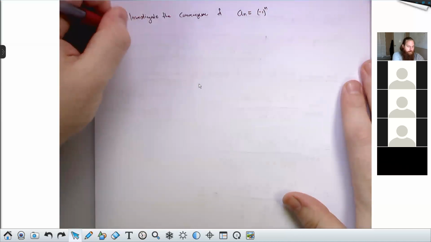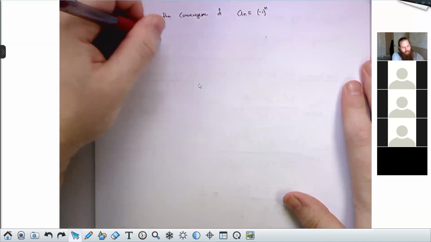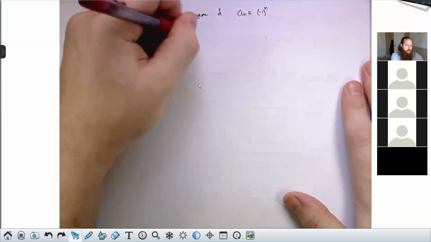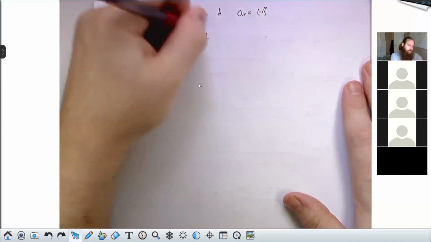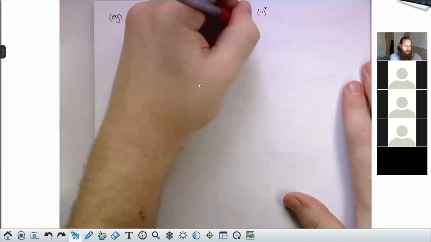I can't use my swap n with x trick here. Here, the function I get if I replace n by x, -1 to the x, is definitely not continuous. In fact, it's horrible.